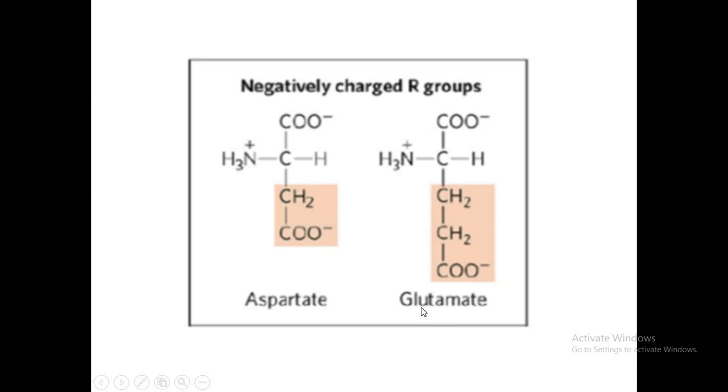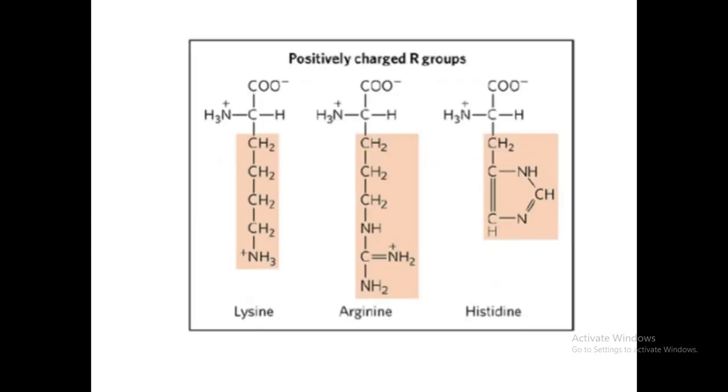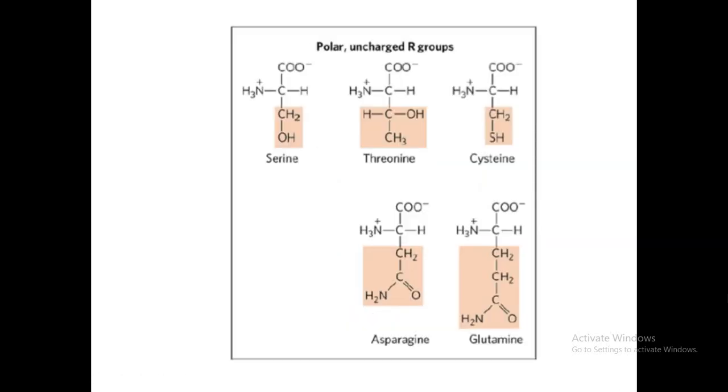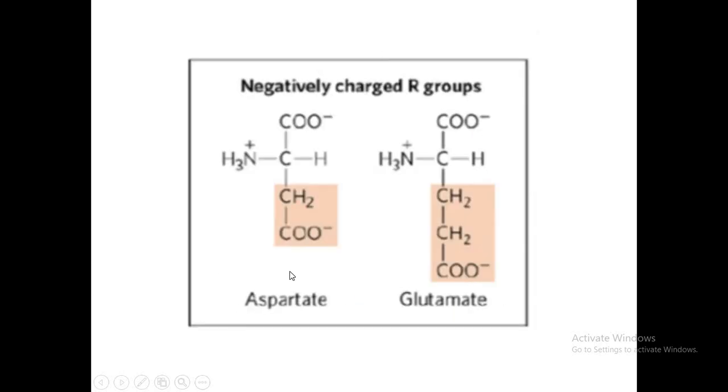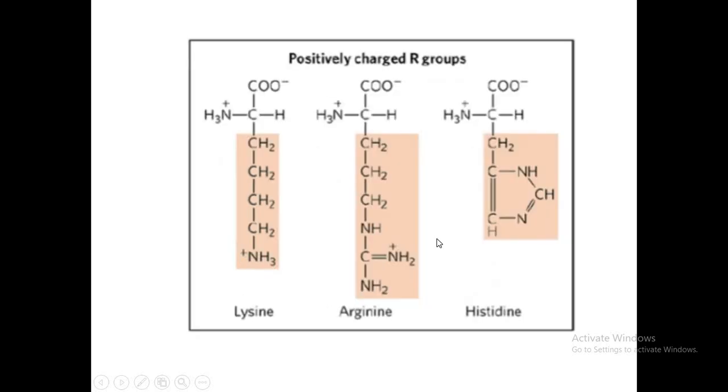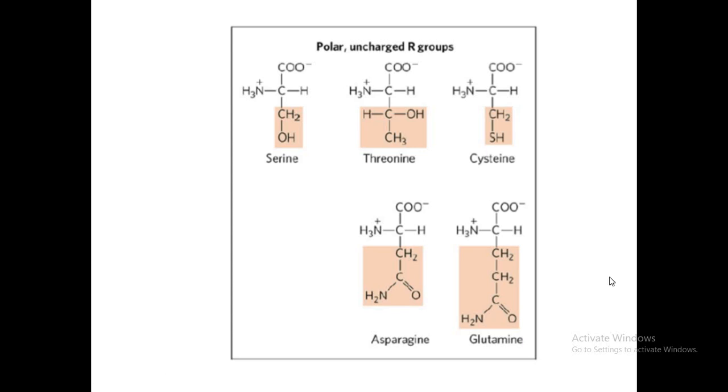I said previously that asparagine and glutamine are the amides of aspartate and glutamate. This is the aspartate and this is the glutamate. Why do we say asparagine and glutamine are the amides of aspartate and glutamate?